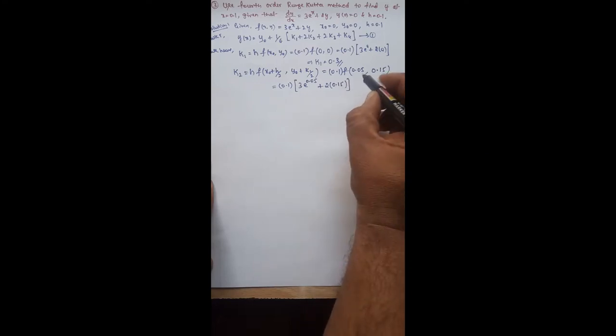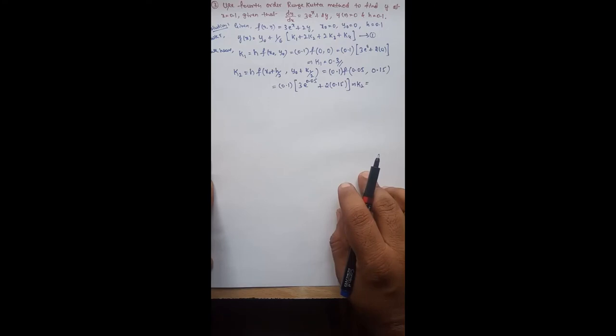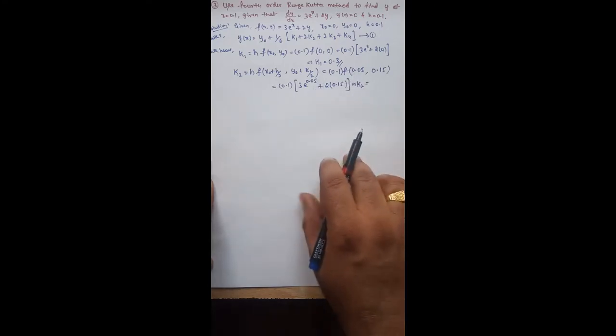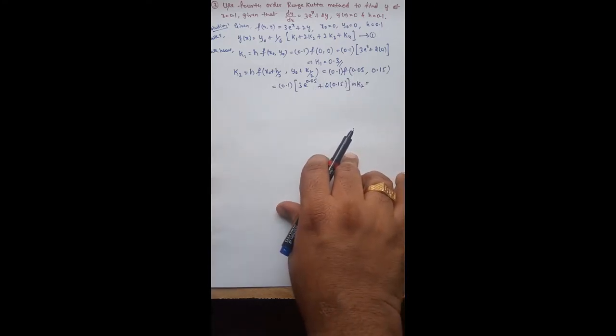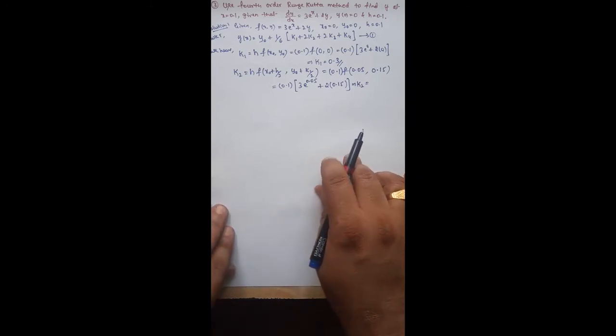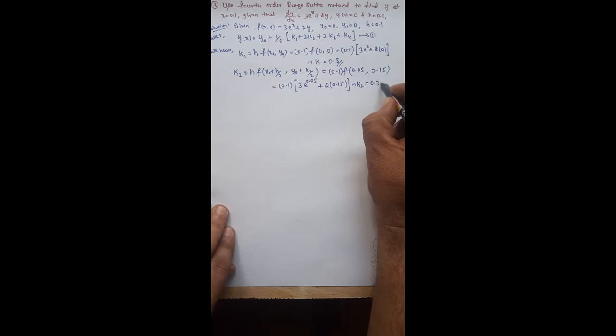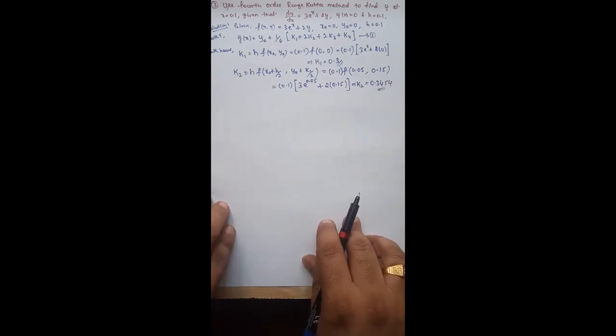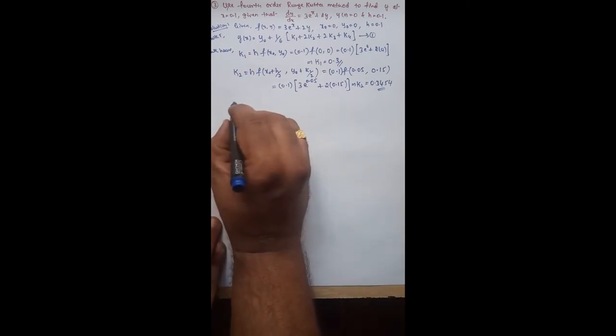If I simplify this, we get the value of K2. Use your calculator and simplify. The value of K2 is 0.3454.